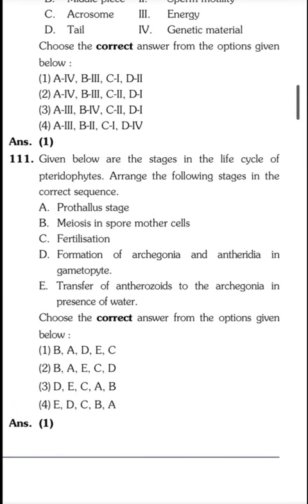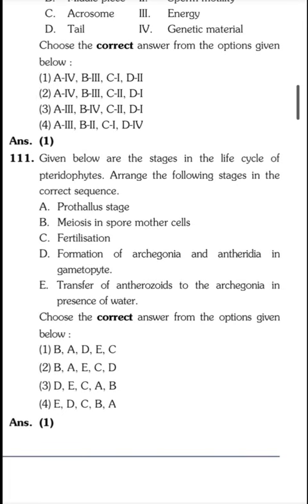So given below are the stages in the life cycle of pteridophytes. Arrange the following stages in the correct sequence. Prothallus stage, meiosis in spore mother cells, fertilization, then formation of archegonia and antheridia in gametophyte, transfer of antherozoids to the archegonia in presence of water.